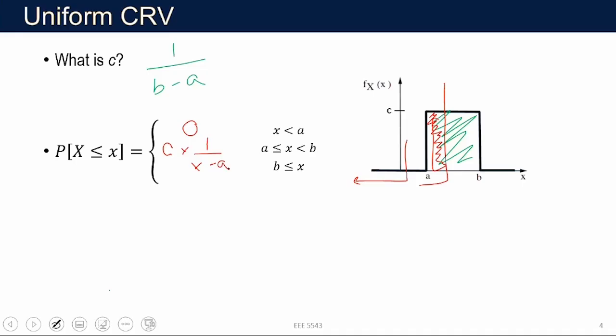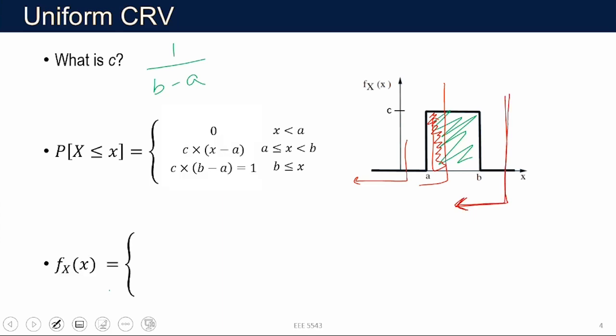The base will be x minus A, and the height will be C. And then as we get to values beyond B, well, by axiom of probability, this has to be 1. So now to find the probability density function, all we have to do is take the derivative of the cumulative distribution function, and that will be C on the range from A to B, and otherwise it will be 0.